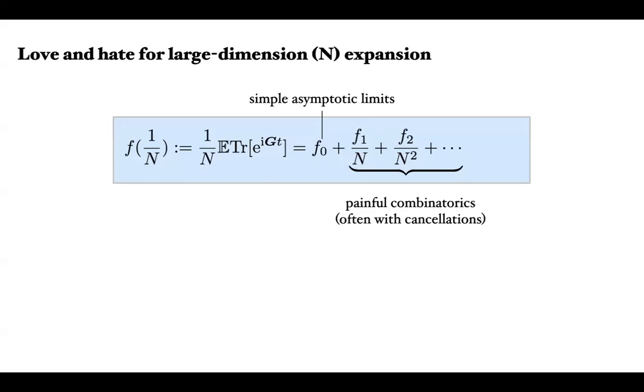So let's consider a very general setting where you want to compute some random matrix expression. In this case, you just take some trace of e to the iGt, where G is a Gaussian Hermitian matrix.